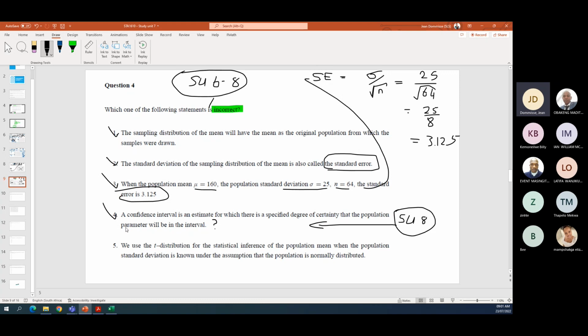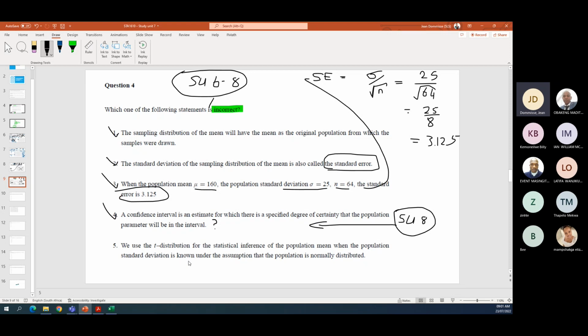So option 4, we only focus on option 4 in study unit 8. This is more a question that will be in your exam rather than in an assignment.